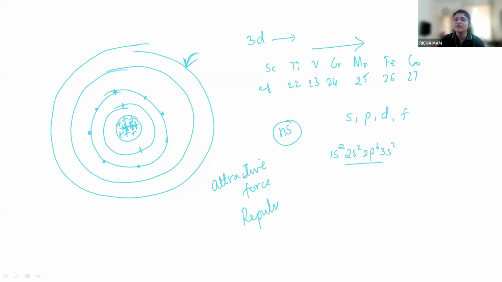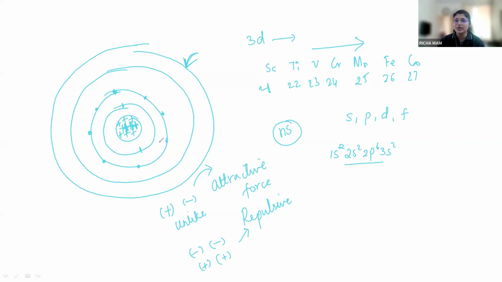What do we mean by attractive forces? Whenever you have unlike charges, plus and minus, they attract each other. And whenever you have like charges, negative-negative or positive-positive, repulsion is possible.